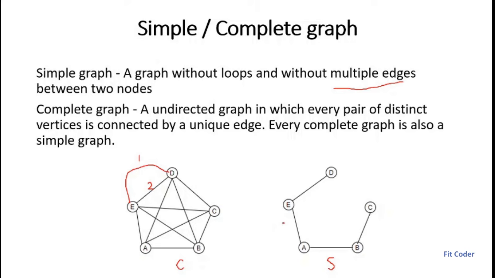The difference is that between points D and C there is no edge connecting them, and here we have an edge connecting each unique pair of vertices. We have vertices A, B, C, D and E. For any pair of vertices there is an edge connecting them, but here there is no edge connecting D and C. So this one is an example of a simple graph and this one is an example of a complete graph.